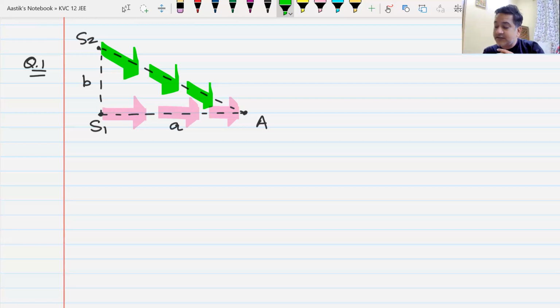What is the path difference and the phase difference between the two waves arriving at point A? Your time starts now. Remember, it's a simple question. Now, this same question has come in JEE many times.